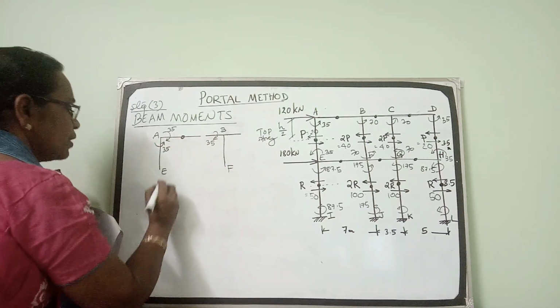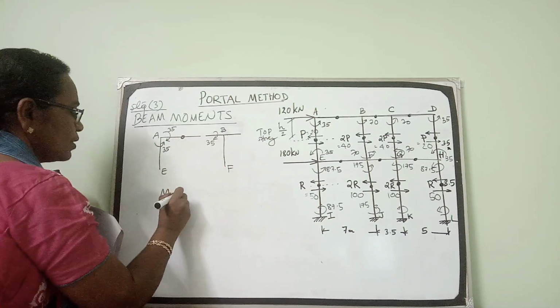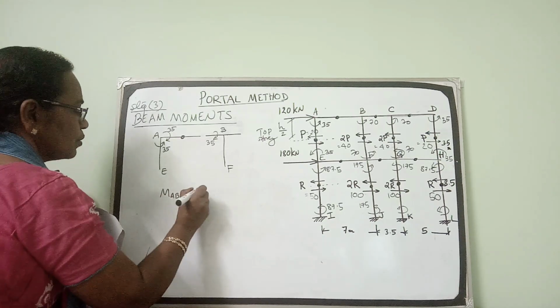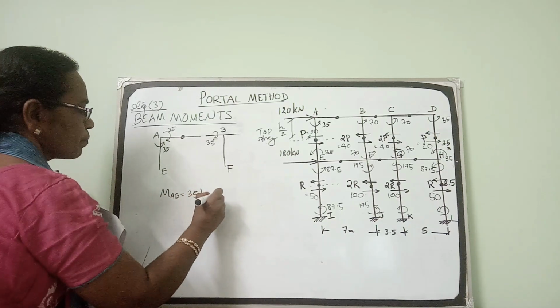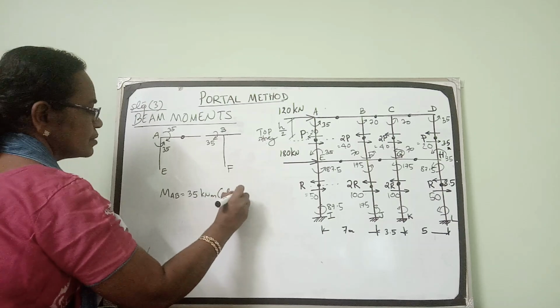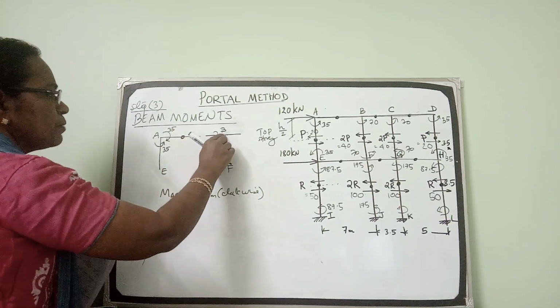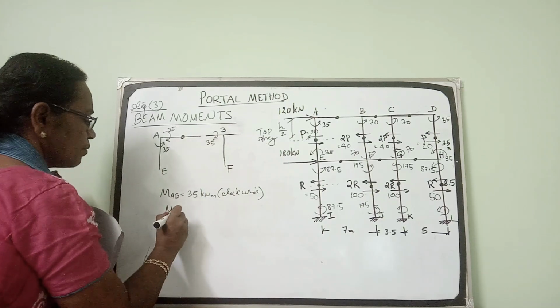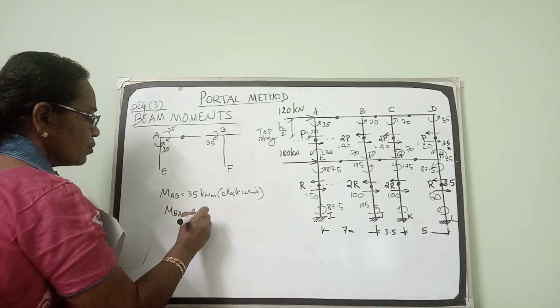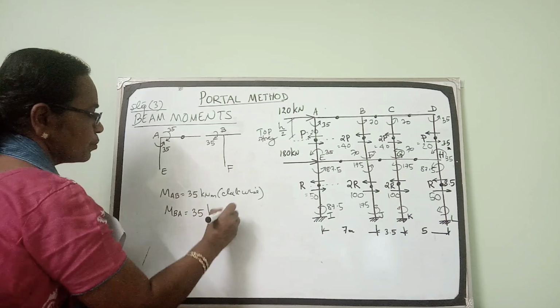So MAB equals 35 kilonewton meter clockwise. The moment in the beam at the end B, MBA, is also equal to 35 kilonewton meter clockwise.